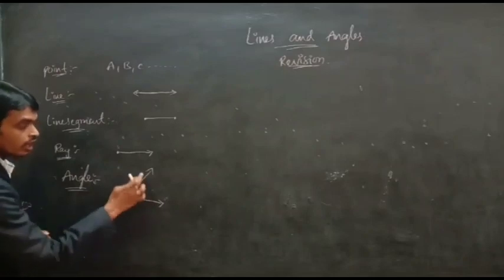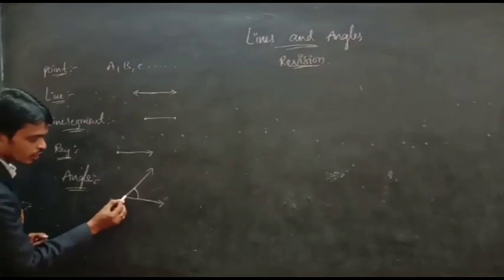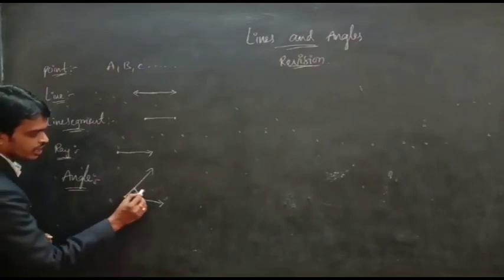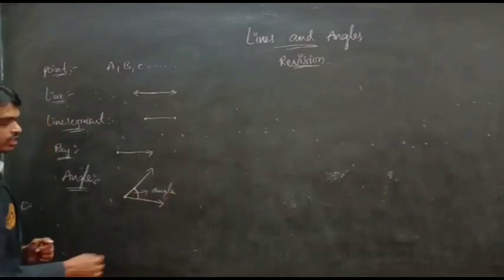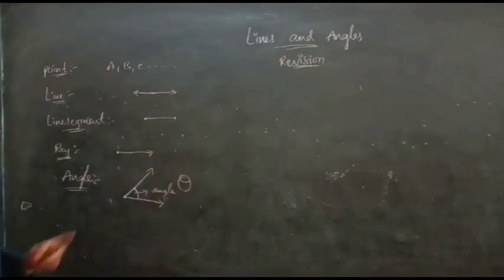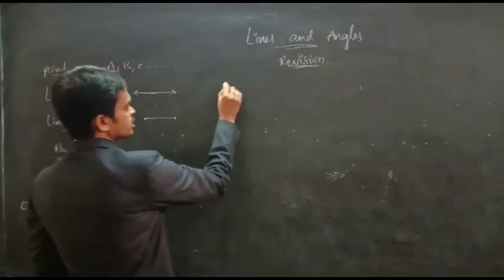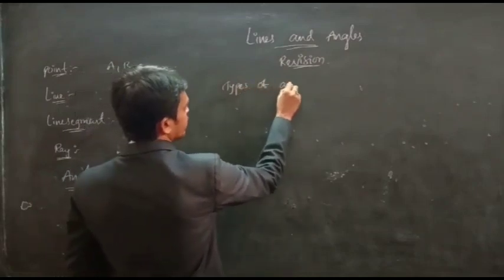The union of two rays which have a common end point is called an angle. The angle is always represented by theta. Now we'll discuss the types of angles.